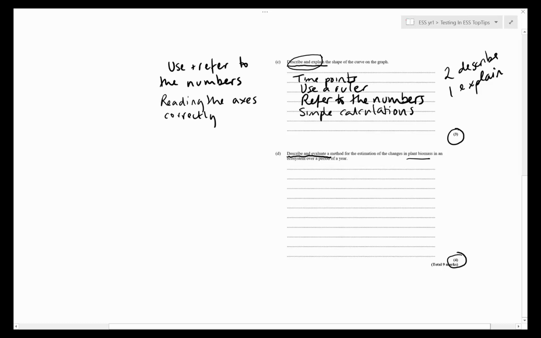Okay, so here they'd be wanting a method, and then for the evaluation, you're going to be talking about pros, cons, and you're going to come to a conclusion. In this question, they're probably looking more at the pros, but in the cons, my mistake there. The challenges of this method. Okay, and I think we'll stop there.